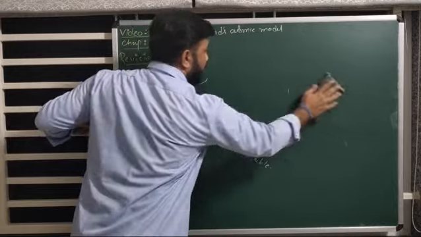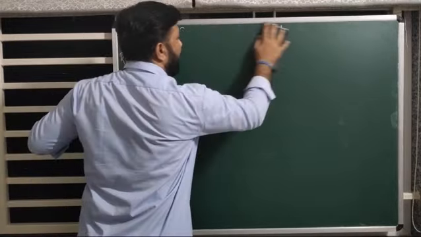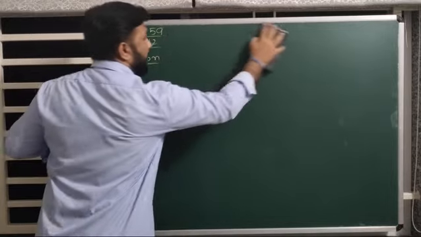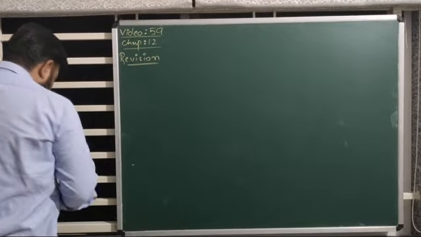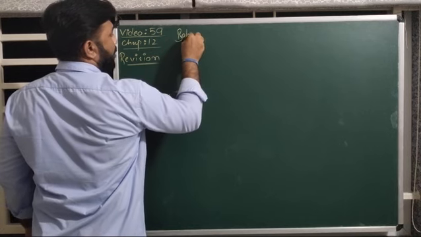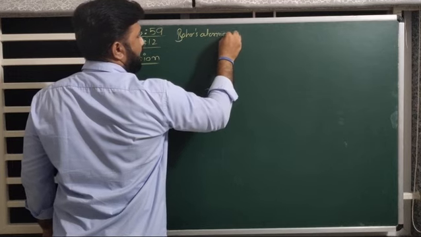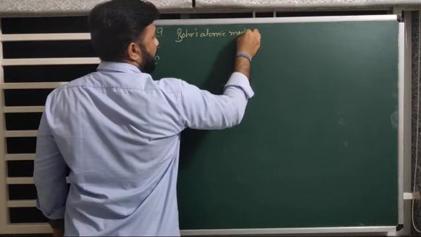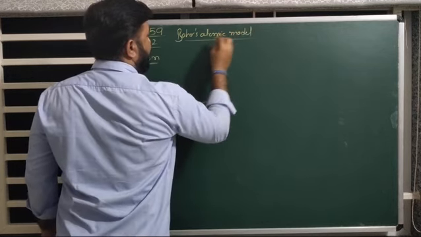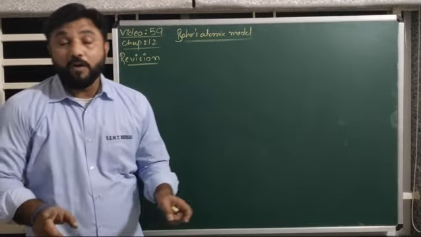Now, since Rutherford's atomic model failed, there is one more model, and it is known as Bohr's atomic model. Mind well, you have to prepare the entire Bohr's atomic model. Why?